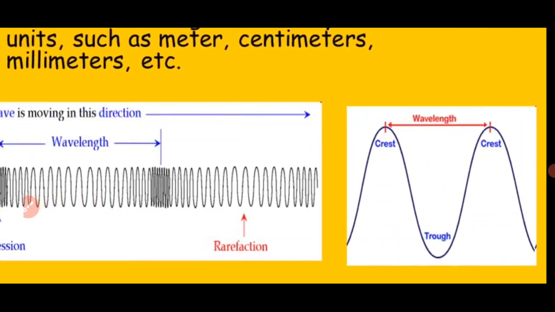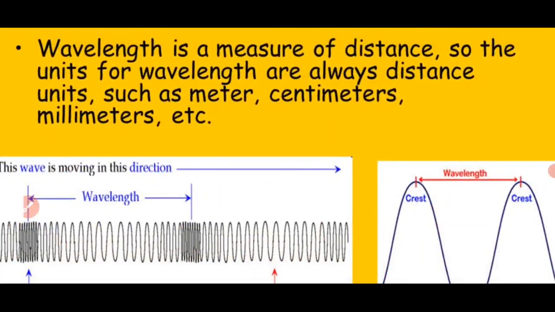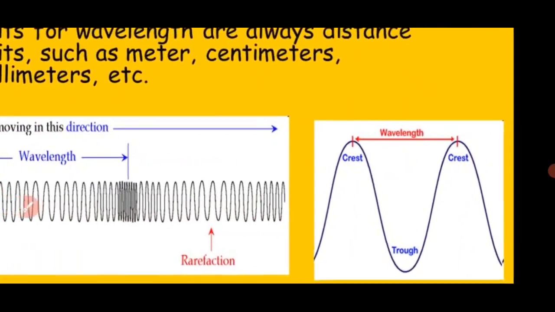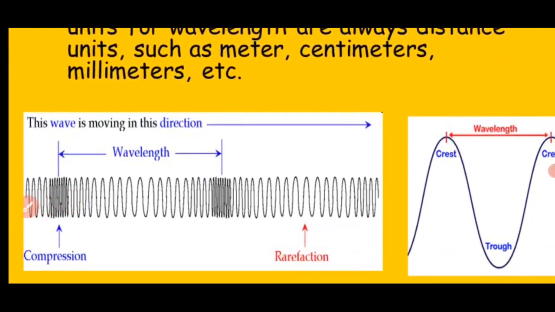So wavelength is the distance between two amplitudes, or here they give the distance between two crests, or the distance between two compressions.